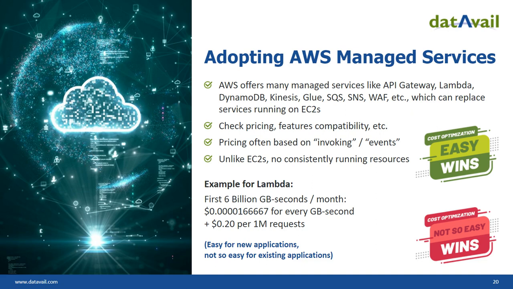I gave some examples here for Lambda. It's invocation based: how many times you invoke and how long it runs. So there's a pricing model for that. As you can see, it's pretty cheap if you're invoking Lambda a million times in a month. If it doesn't run very long, it might be cheaper to do Lambda compared to hosting something similar on EC2, for example.